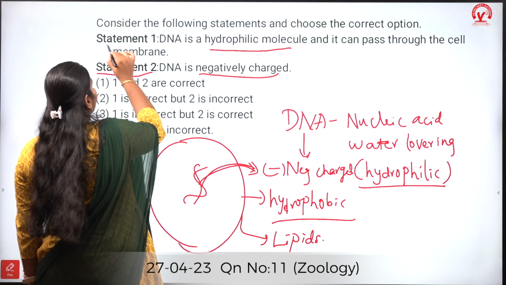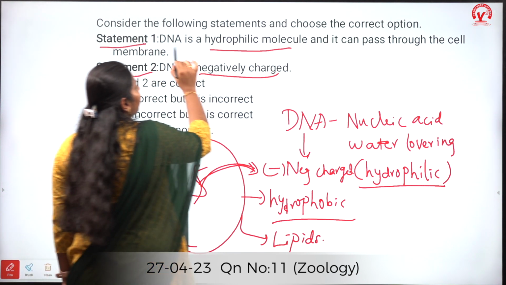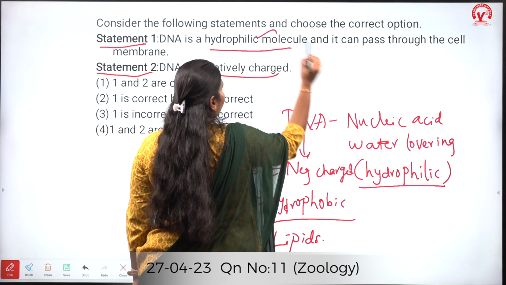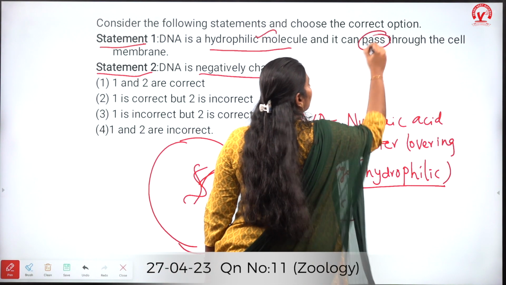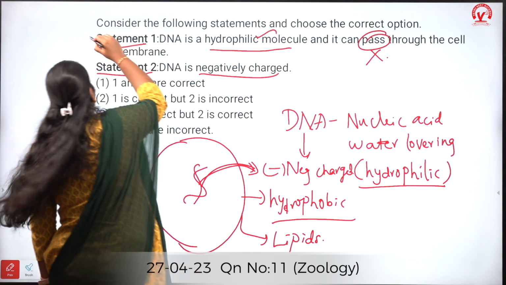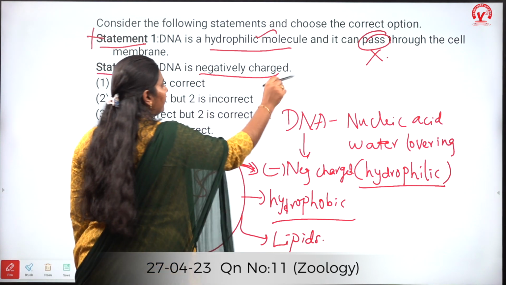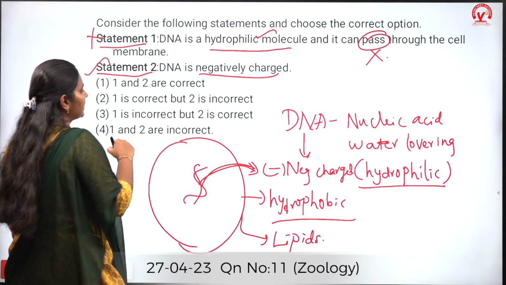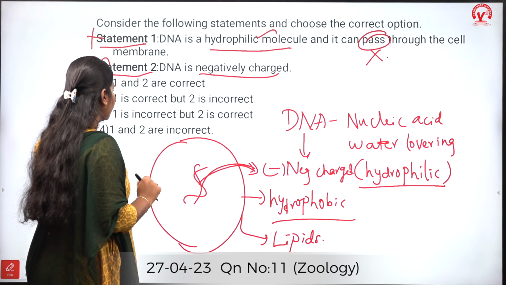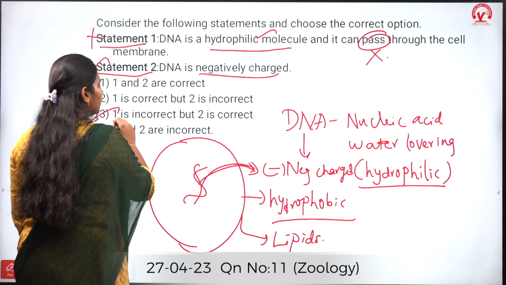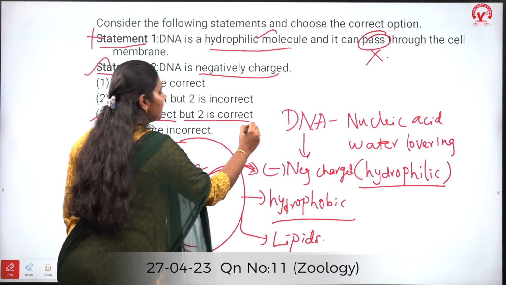So statement 1, that DNA is a hydrophilic molecule, is correct, but it cannot pass through the membrane, so statement 1 is wrong. Statement 2, DNA is negatively charged, is correct. So the correct option is, first statement is incorrect but the second one is correct.